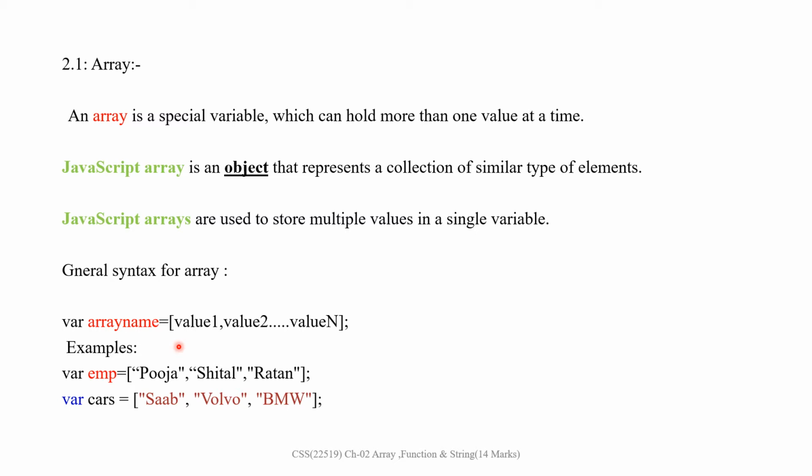Means if array name is cars, then we have to insert only the cars' company names. Then here the emp, where emp means in the array we have to insert only the employees for that particular company. This is the basic concept of array.